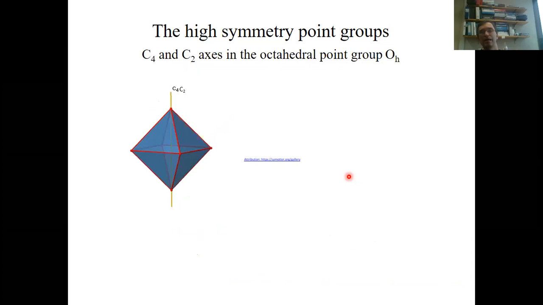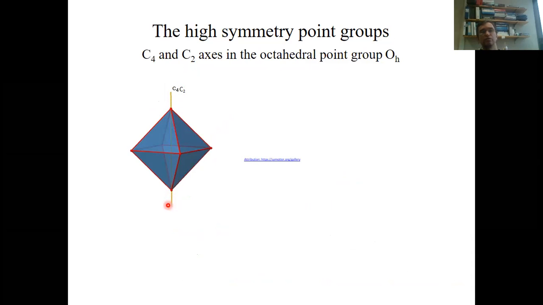And again, there are multiple principal axes to consider here because we have a high symmetry point group again. So you see here C4 axes, or one of them, that goes through two opposite corners of the octahedron.